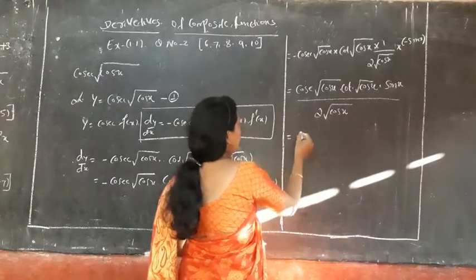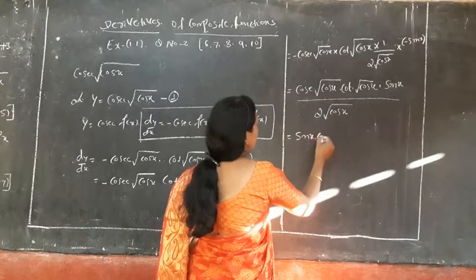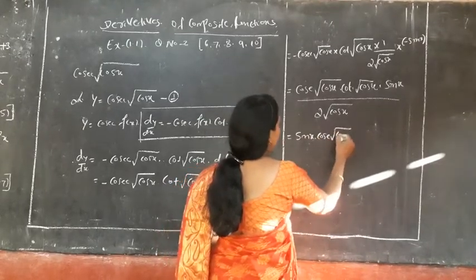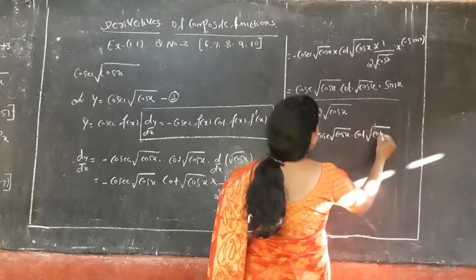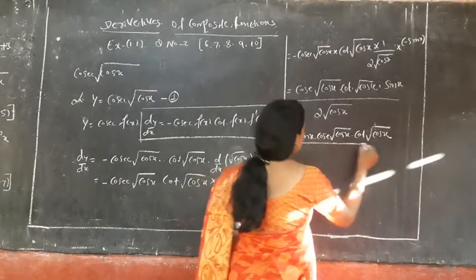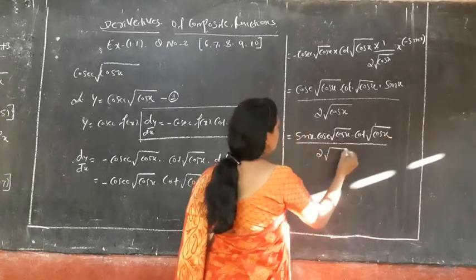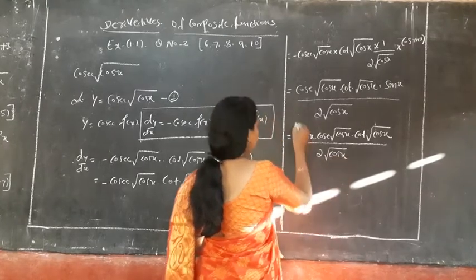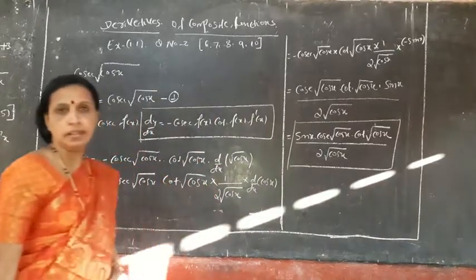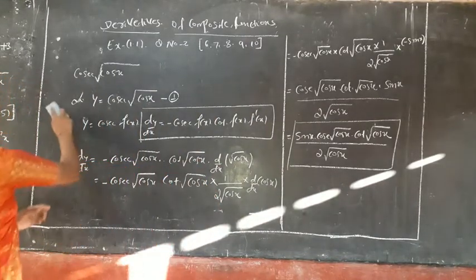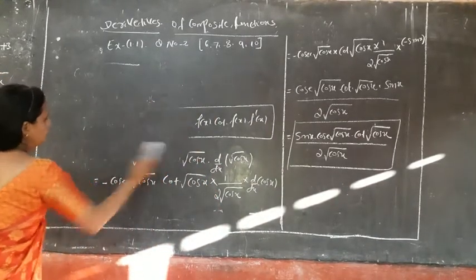Therefore the answer is sin x into cosec root cos x cot root cos x divided by 2 square root of cos x. This is the answer for the second example. Next, consider the third one.